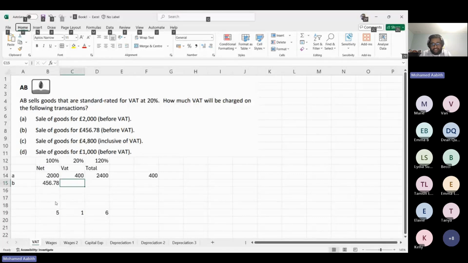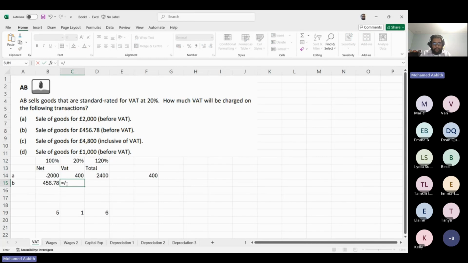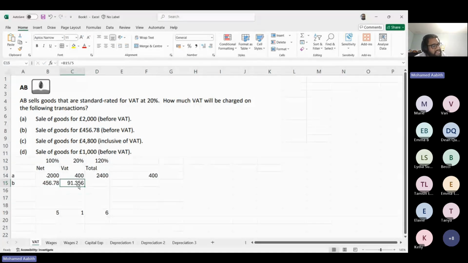And then how am I going to find the VAT for this one? You're going to divide this number by 5. And can you see here, there is a decimal in question. Now, what we need to do, we need to round it down. So we use Excel.